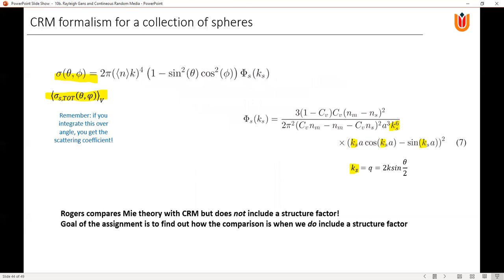I'm just going to show them to you so that you know what you can expect. The equation over there is the equation for the density of scattering cross section. In the way that I've written it in the previous slides, that would be the same as the expression down there. You need to integrate this over angle to get the scattering coefficient.